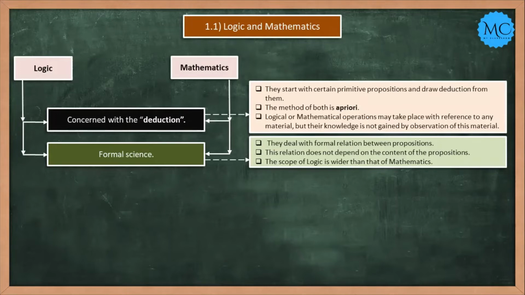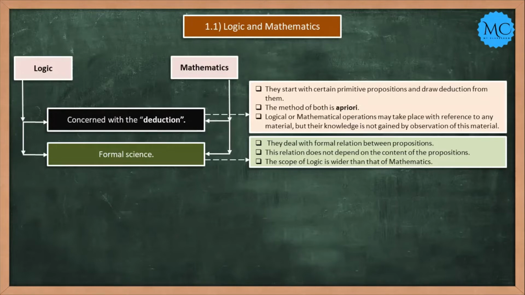You can add apples, mangoes, people, whatever; you can perform addition on anything. So the content doesn't matter here. This relation does not depend on the content of the proposition. The content we are using is not a matter here.